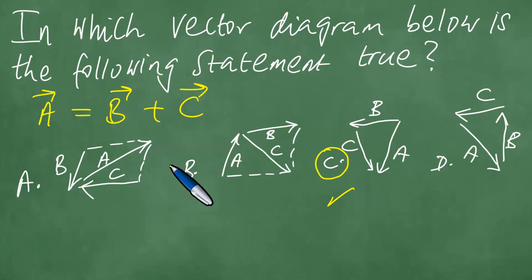And if you move this one here, for example, you realize that it would not be exactly as this says. And as a consequence, we are convinced that this vector diagram in C is exactly what the question precisely wants.